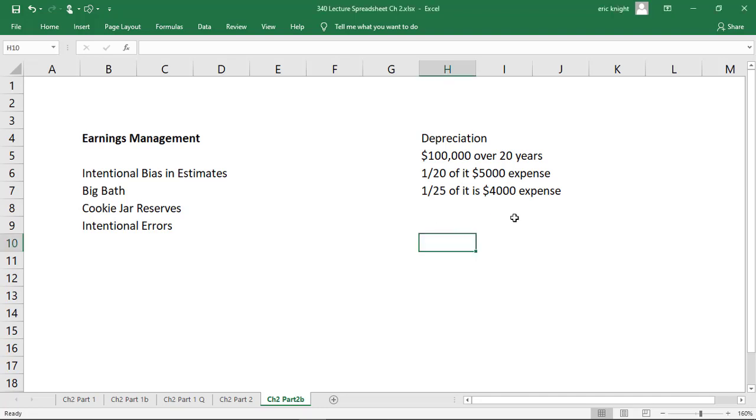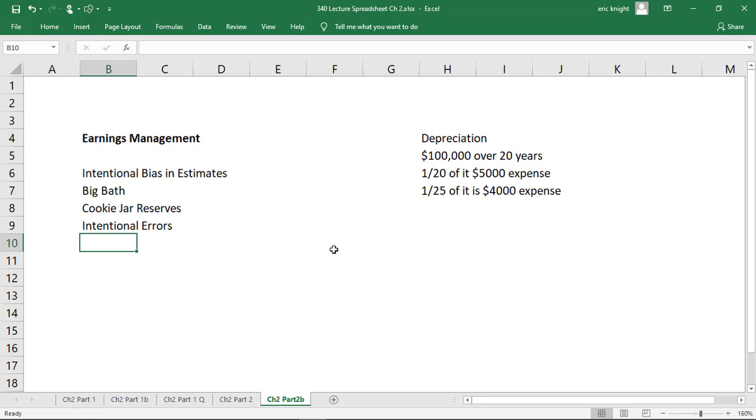So for example, let's say that they accidentally hold off on expensing an item until next year, even though it would properly be expensed this year. That way it helps them in the current year. It doesn't seem like a big deal, but that again could add up, and when we add up all these errors, it could be significant.